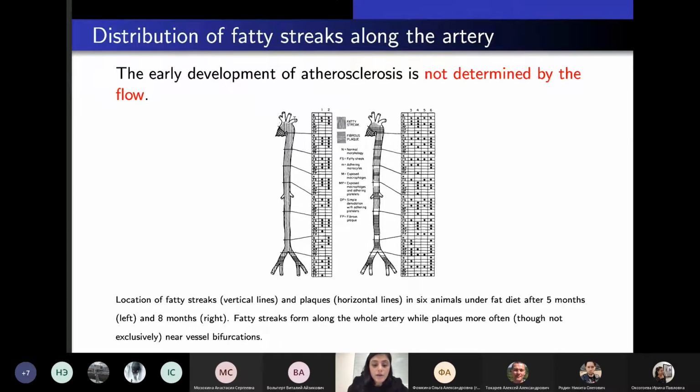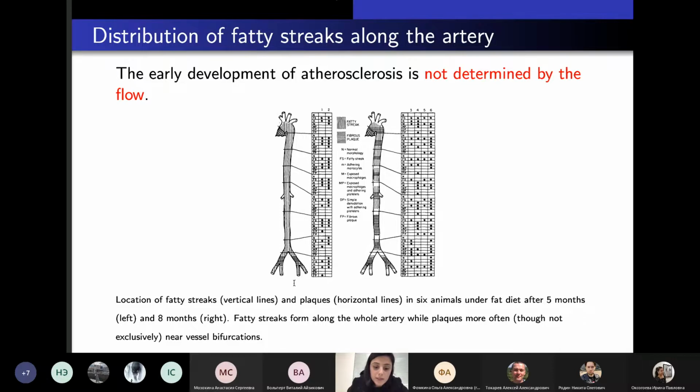These are arteries, and this is research that detects the formation of fatty streaks and plaques. The vertical lines refer to the formation of fatty streaks, whereas the horizontal lines refer to the formation of plaques, by which we mean a more advanced lesion.